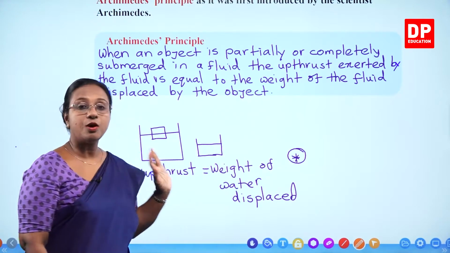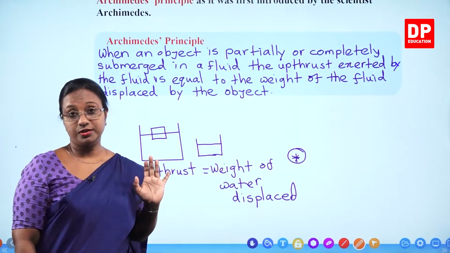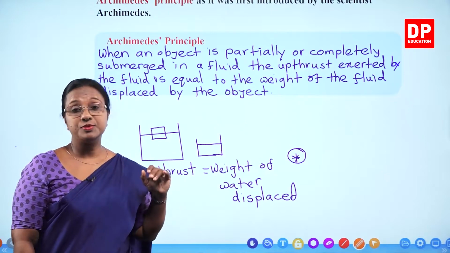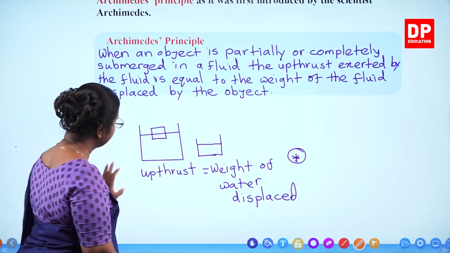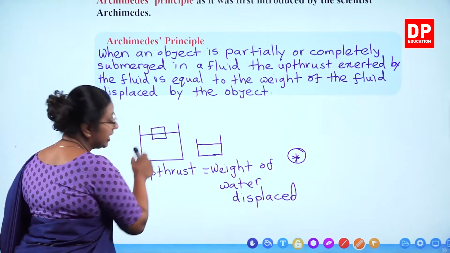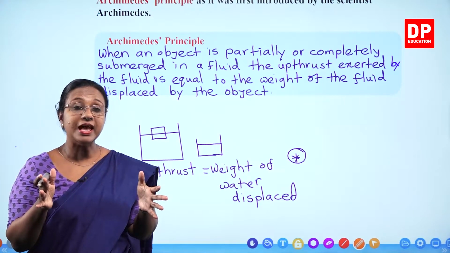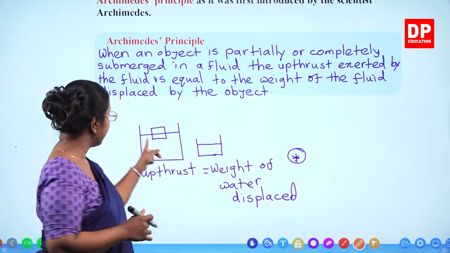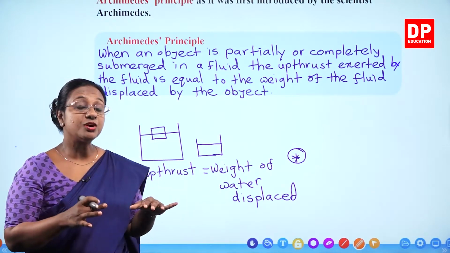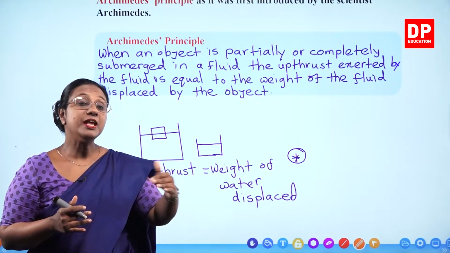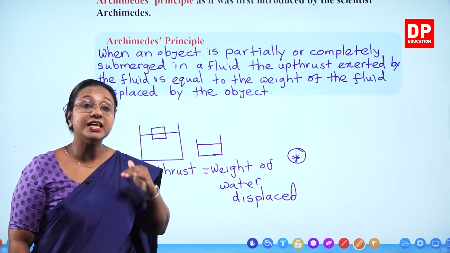So why does an object displace water or displace a fluid? When you put an object into water or a fluid like this, when it goes in, obviously you all know there has to be a volume that has to be occupied by the object. And because of that, the liquid will rise. So depending on how the object gets immersed.